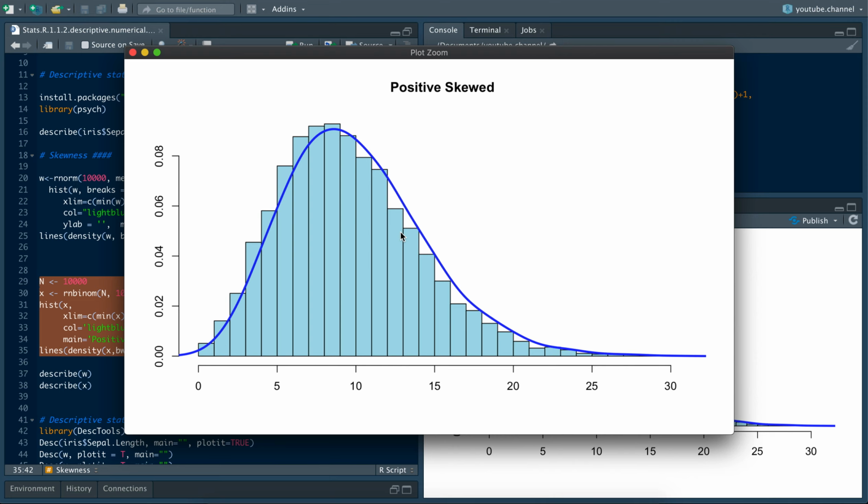In this case, it's positively skewed. And this is important to understand if we are talking of a normally distributed or a skewed distributed numerical variable.